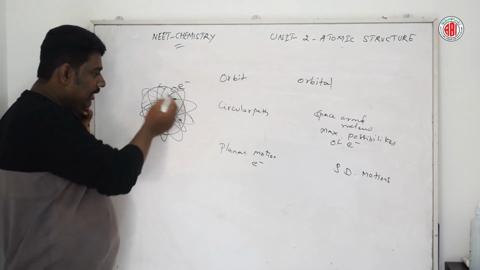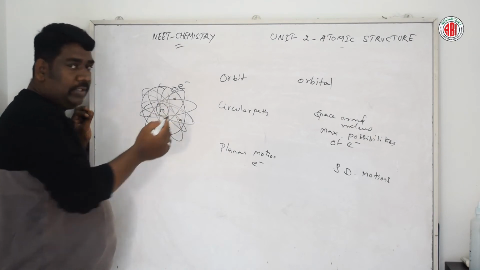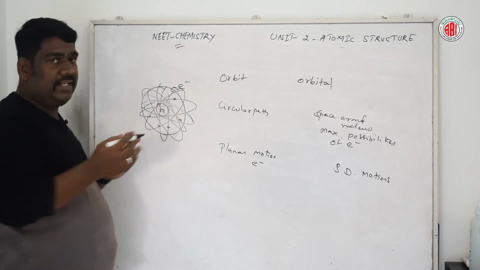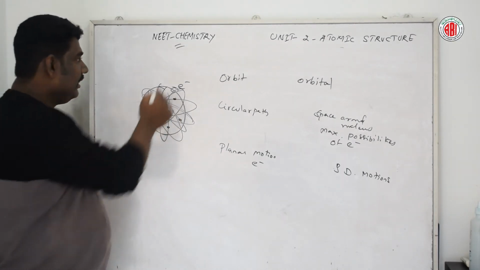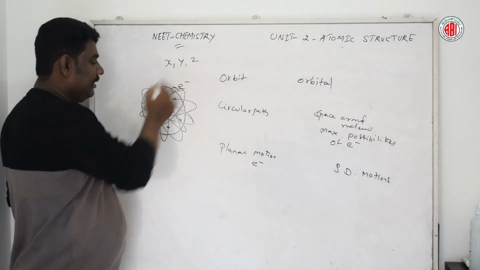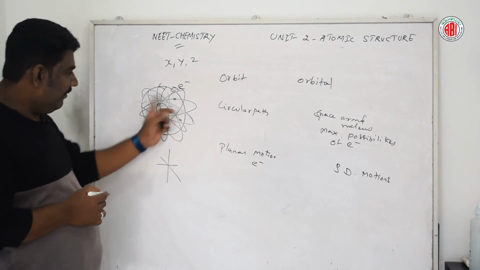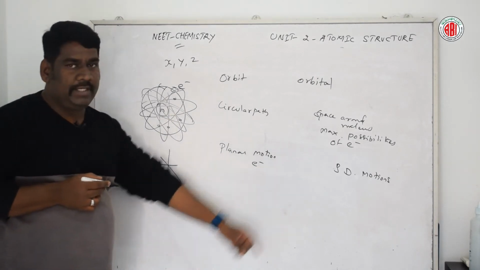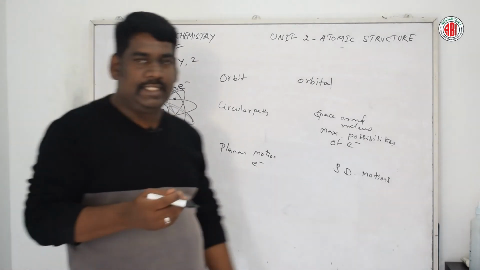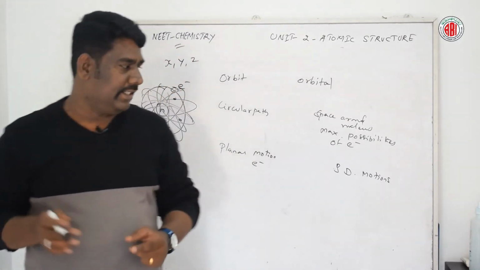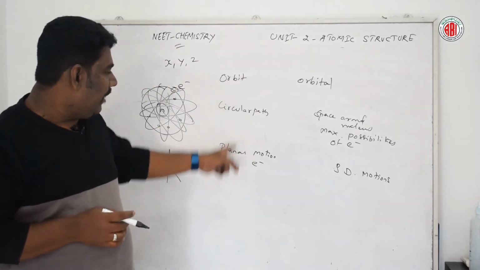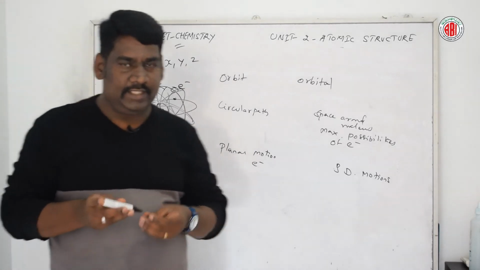That means it can be shown in three different coordinate positions like x, y and z. So an orbital represents the three-dimensional motion of an electron, but an orbit explains the planar motion of the electron.